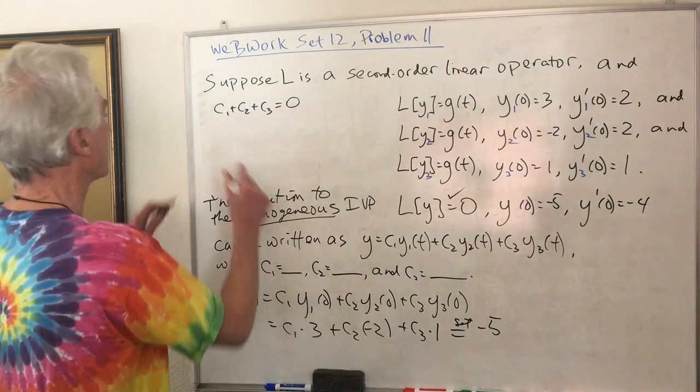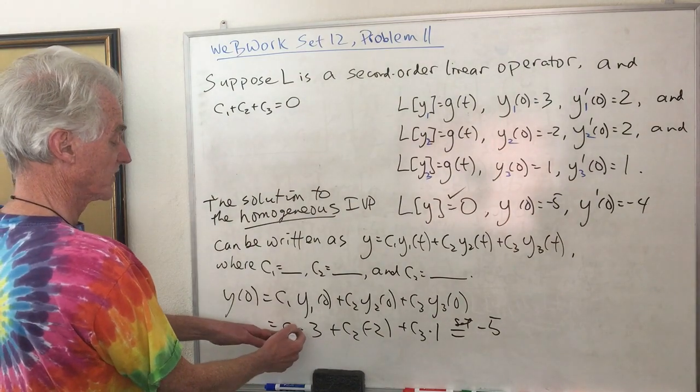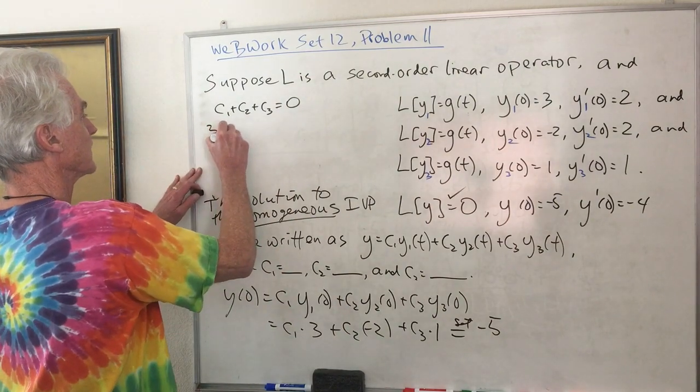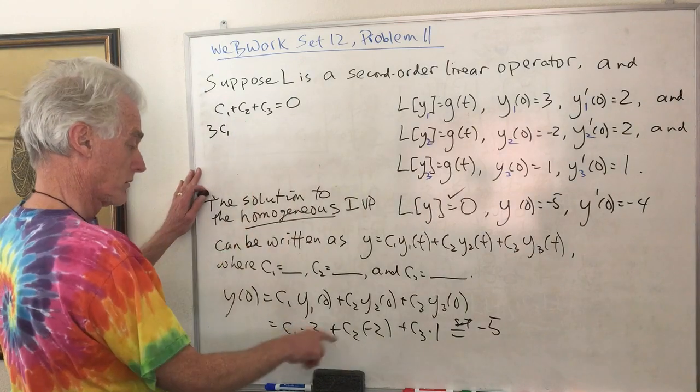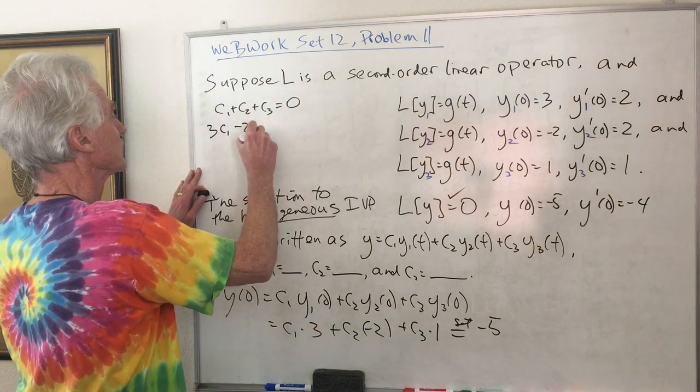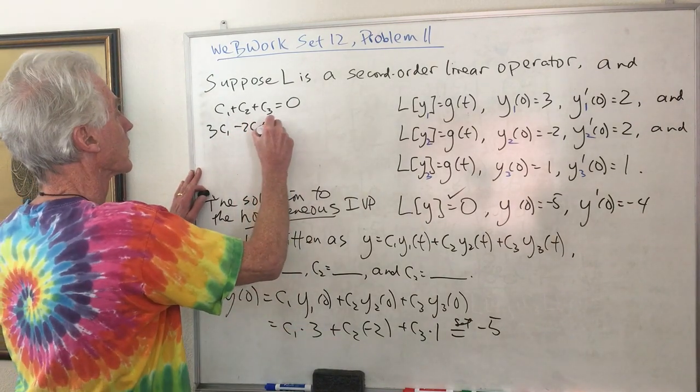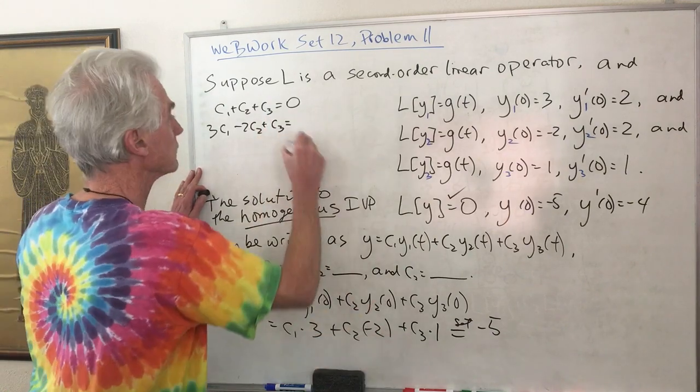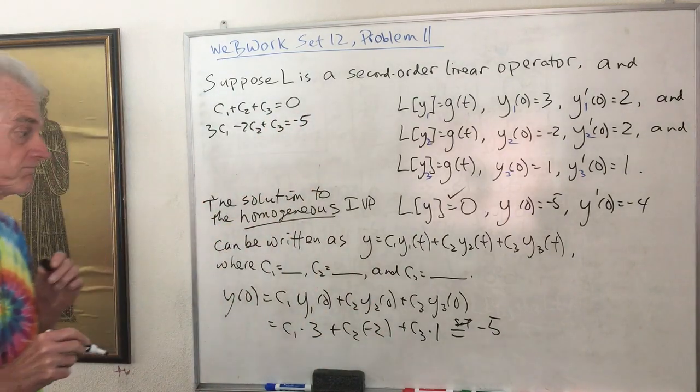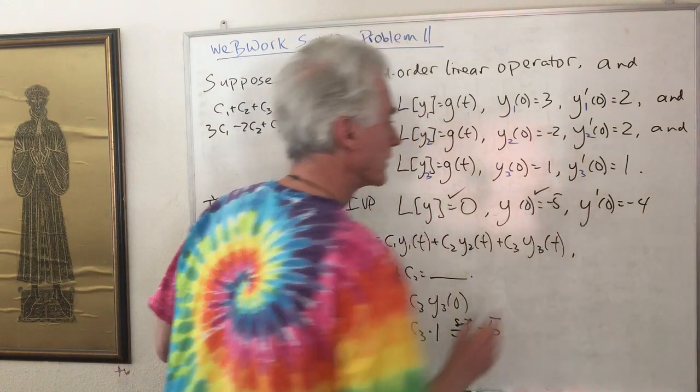So that gives me the equation, when you usually write c1 times 3 as 3c1, right? Minus 2c2 plus c3, that should be negative 5. So now we've taken care of this one.